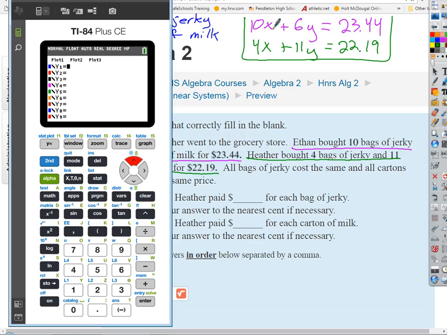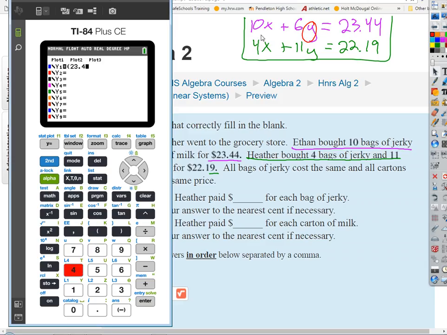For the first one, if I isolate y in that first equation, we open up a set of parentheses on the right side, 23.44.